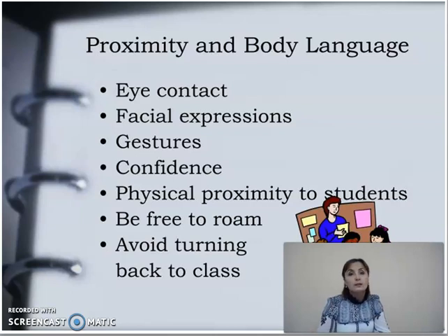So as a teacher, you should make equal eye contact with every student. The next one is facial expressions. Everything should be in a balanced way. You shouldn't smile during the whole lesson, for example.